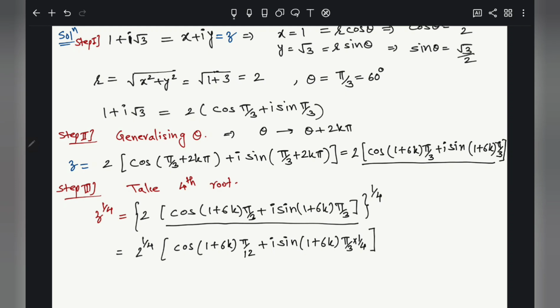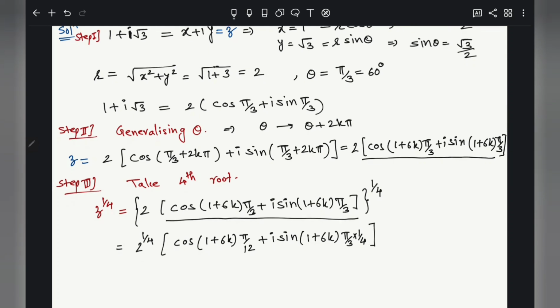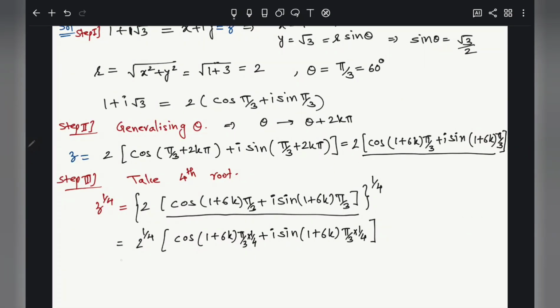Here I will write in one step and then in the next step I will modify. So this is what we get: 2 raised to 1/4, cos of (1 + 6kπ)/12 + i sin (1 + 6kπ)/12.